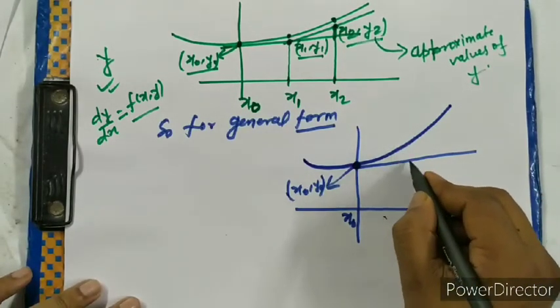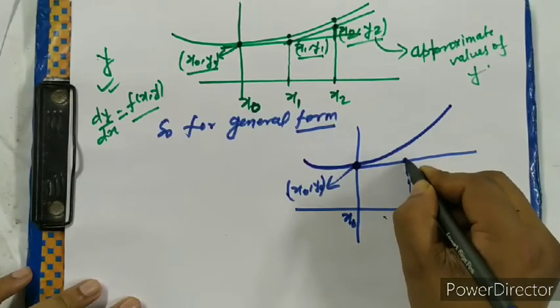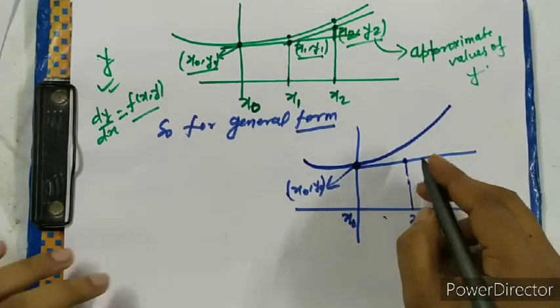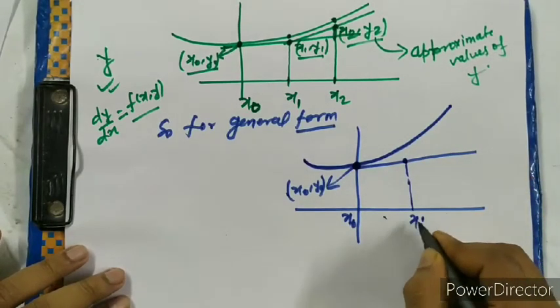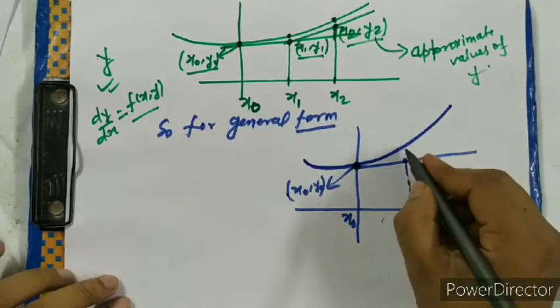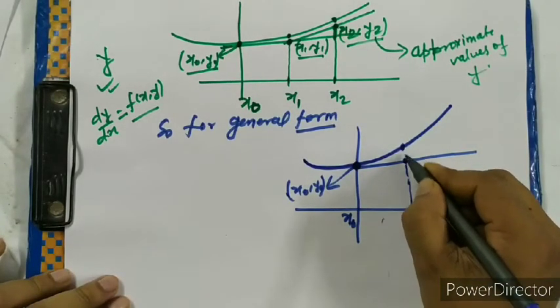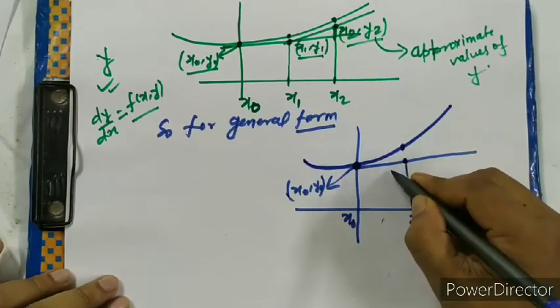and suppose this is the point xi. So this is the approximate value of the previous one. I suppose here xi, and this is the original value. This is the approximate value. There is some error. Again, we can draw a tangent through this.